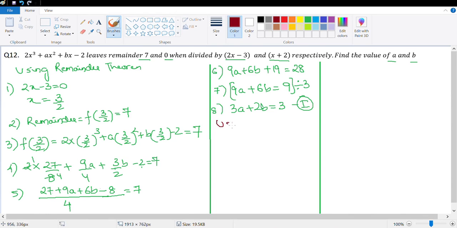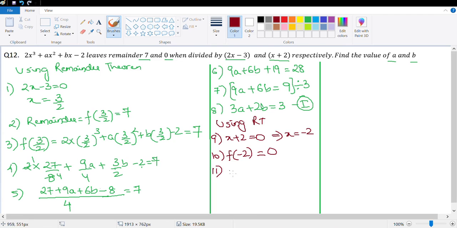So using remainder theorem, when we have x plus 2 is equal to 0, which means x is equal to negative 2. So in this case, the remainder will be equal to f of negative 2, and that will be equal to 0. So basically, x plus 2 is a factor.